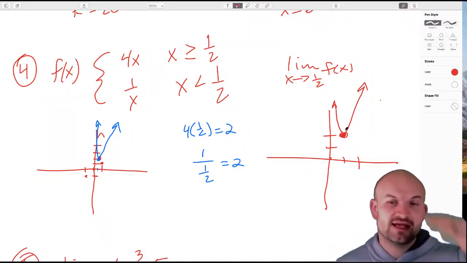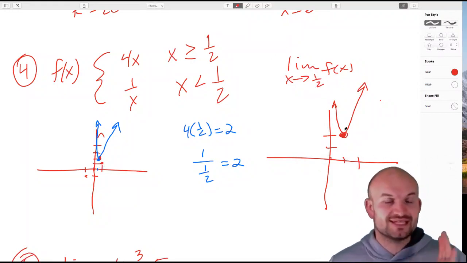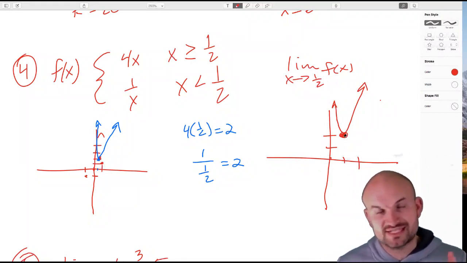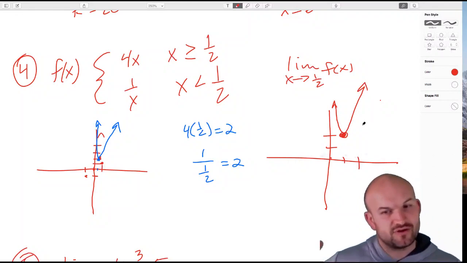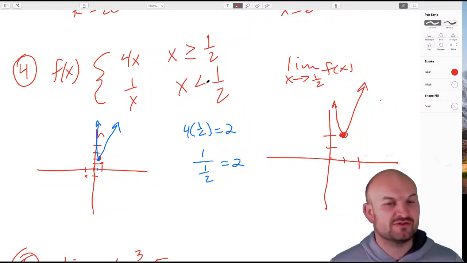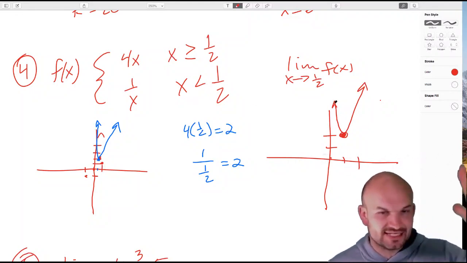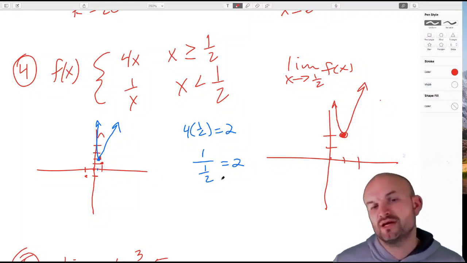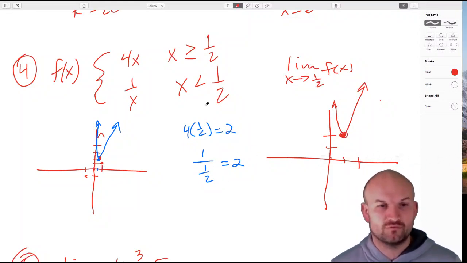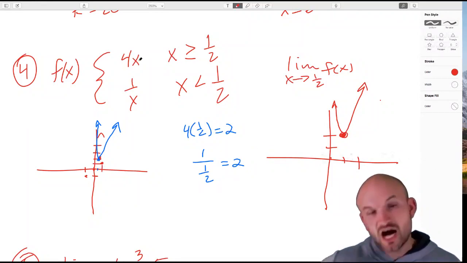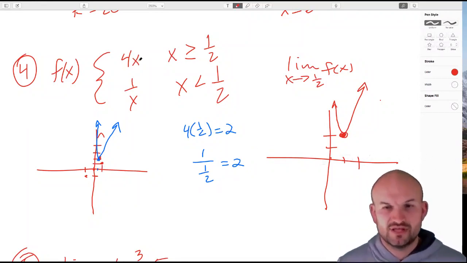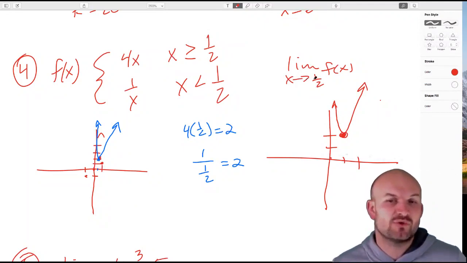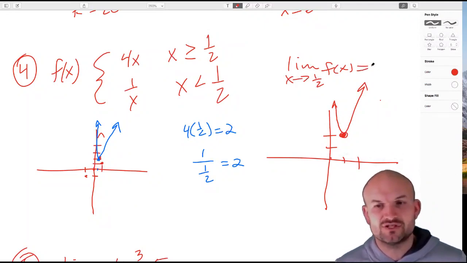The important thing is the general limit only exists when the function is approaching the same y value from the left and from the right. Even though this value is undefined at 1/2, you can see that it is approaching the y value of 2, and when you plug 1/2 into the other function, it's also approaching that same value. So the limit as x approaches 1/2 of f of x exists.